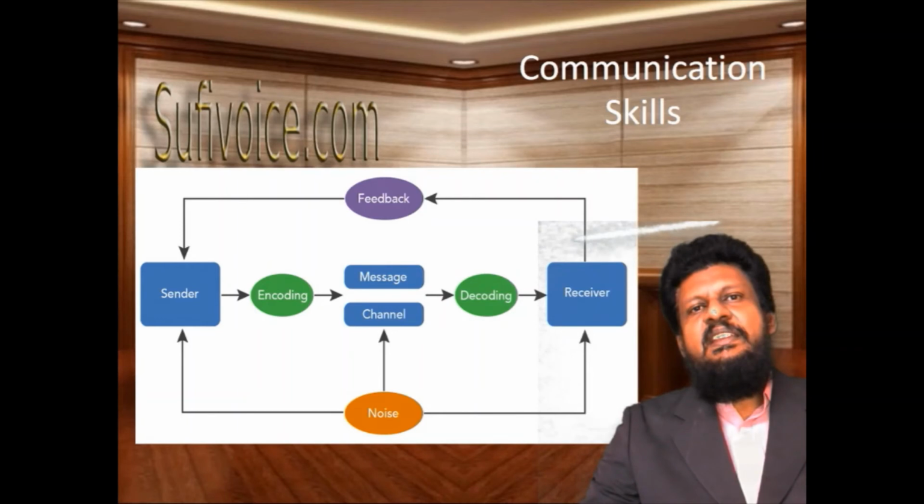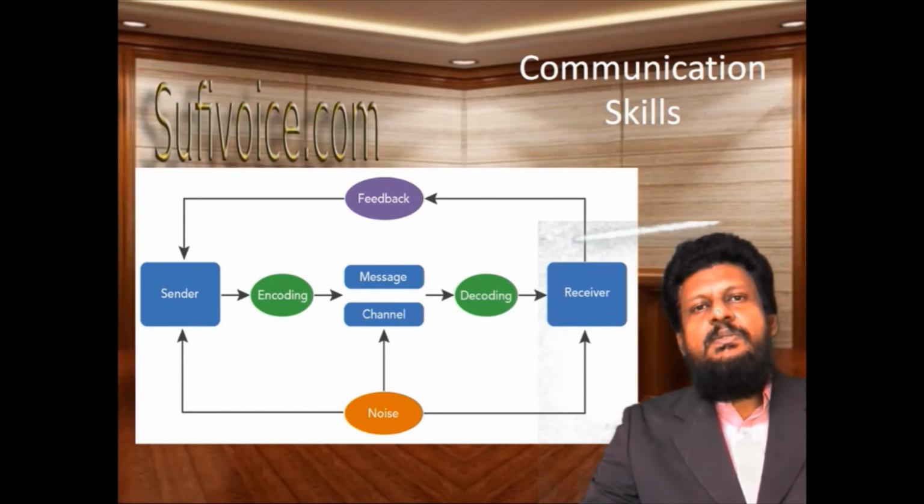Now, in order to be an effective communicator, a very good orator, efficient in communication skills, you need to keep these points in mind. What are the things that you can take care of? First one is speak loudly and clearly.